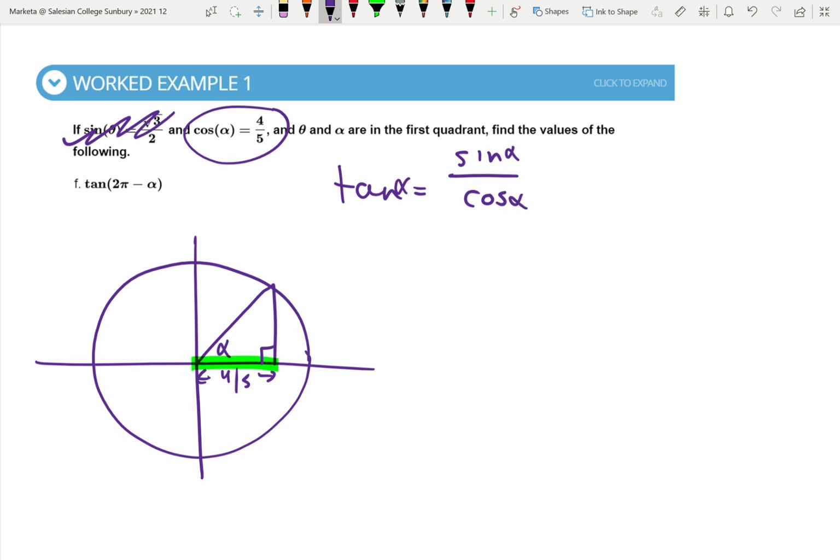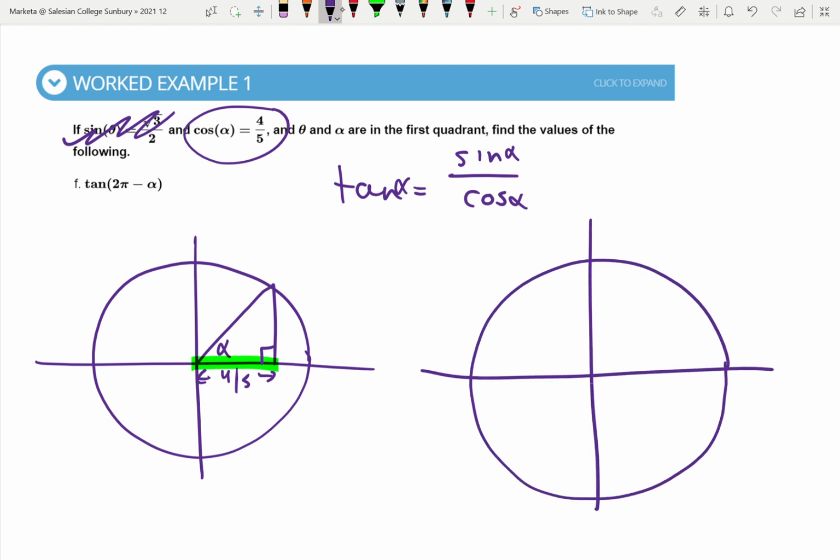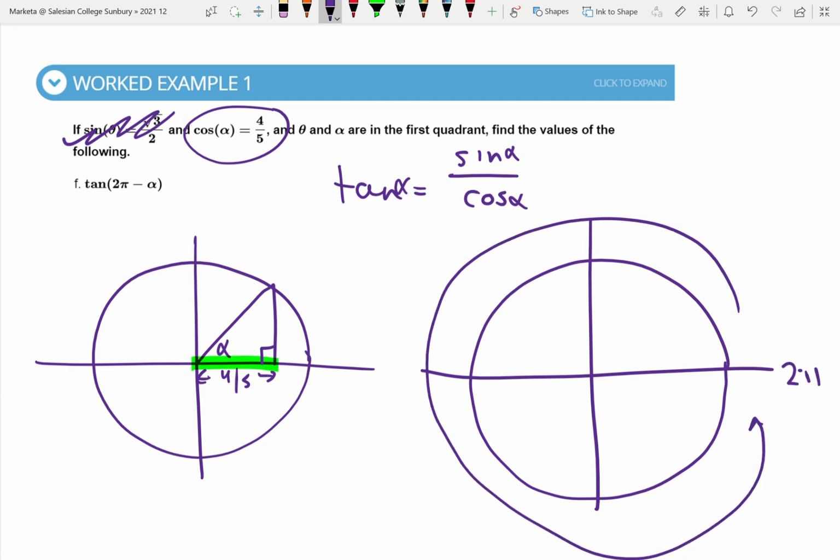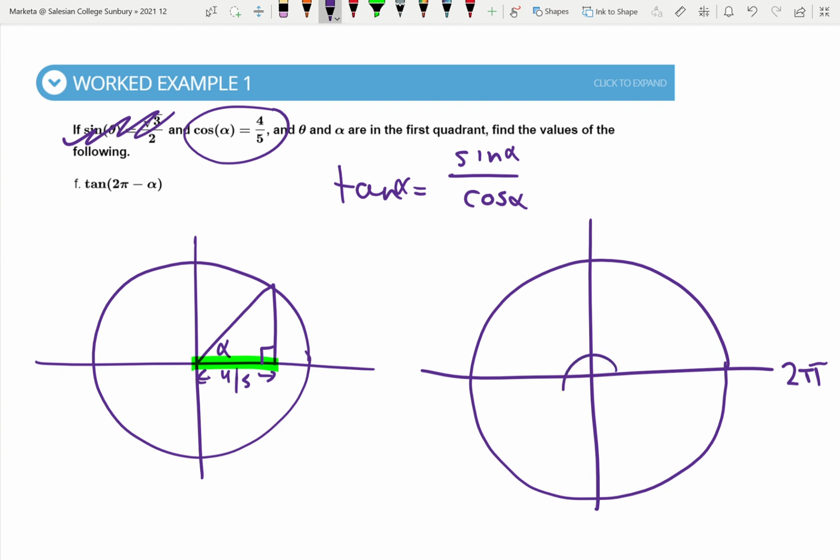So let's see. Again, we have to draw a second unit circle. And now it's 2 pi, so all the way around to 2 pi. There's 2 pi. And then we're minusing alpha. So we go all the way to here, then minus a little bit to get to alpha, to get to here. So it's going to be like this, and there's going to be an alpha in here.